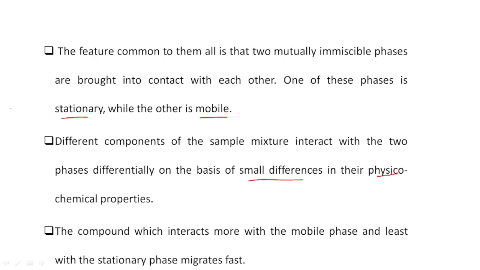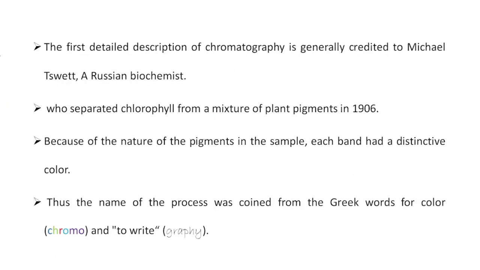The first detailed description of chromatography is generally credited to Michael T. Sweat, a Russian botanist, who separated chlorophyll from a mixture of plant pigments in 1906. Because of the nature of the pigments in the sample, each band had a distinctive color.